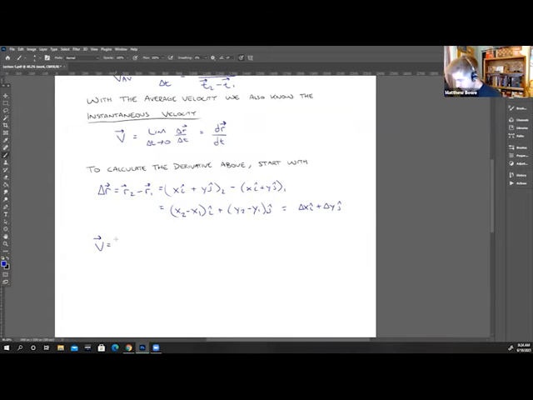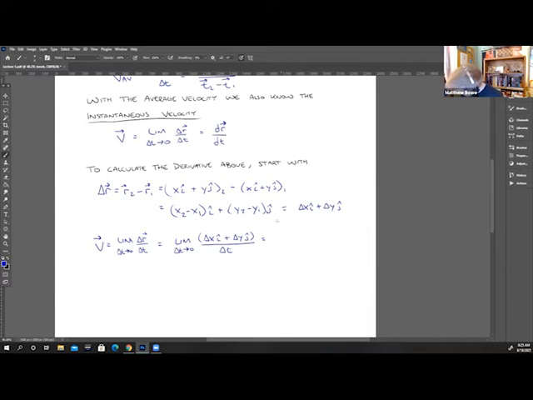Velocity equals the limit as delta t approaches 0 of delta r over delta t, and putting the full term in, it is delta x i hat plus delta y j hat, all of it over delta t.